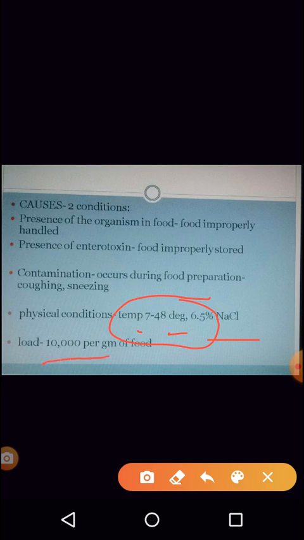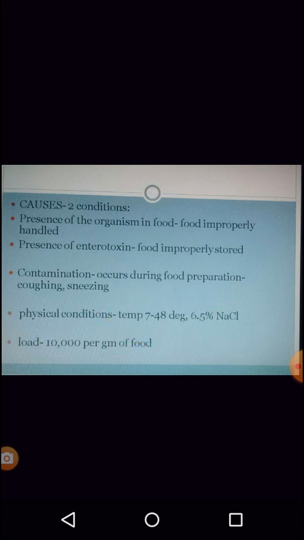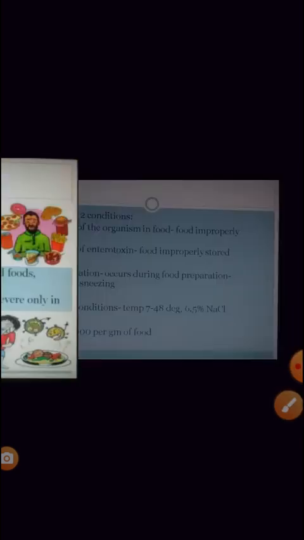Now, how many organisms, if present, can release the enterotoxin? That is 10,000 cells per gram of food. If present, they can release the toxin, and you may be down with the symptoms. The person may start showing the symptoms after this number is attained.